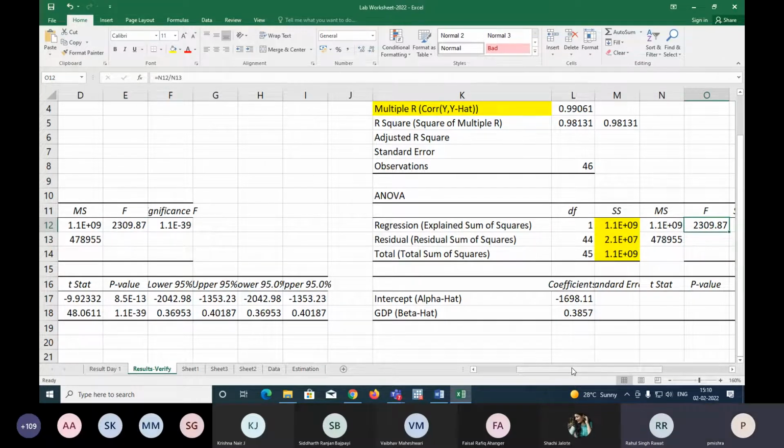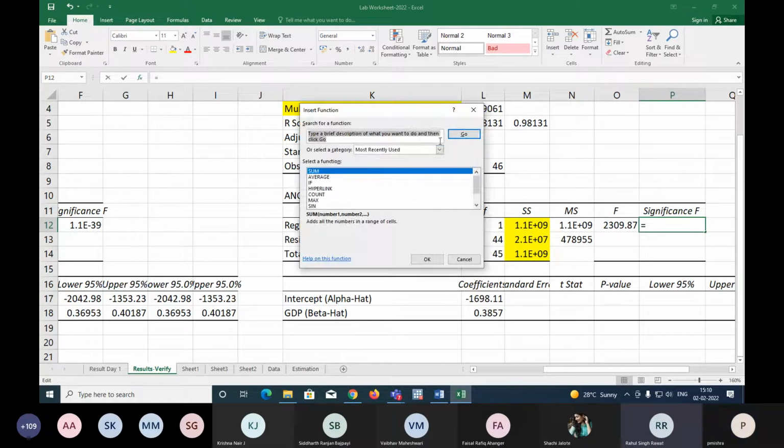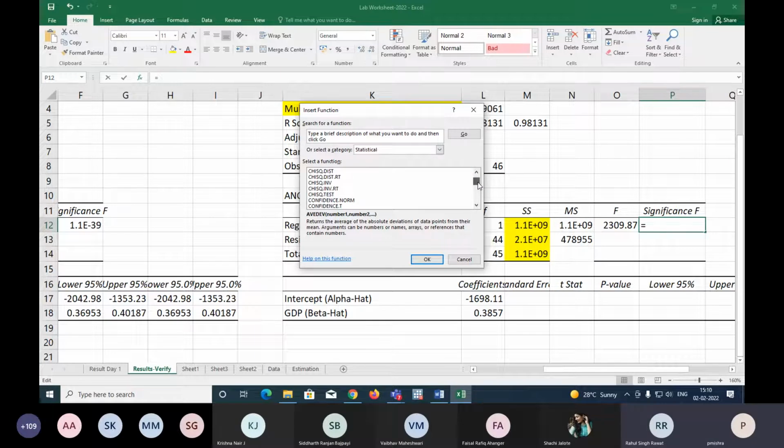And how to get this statistical significance of F? For that, as I said, you need to go to Fx and you can go for statistical formulas and then go to F distribution. Okay, F distribution right tail.